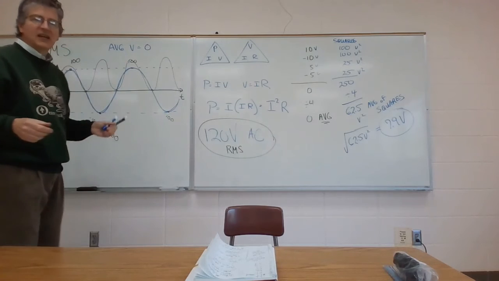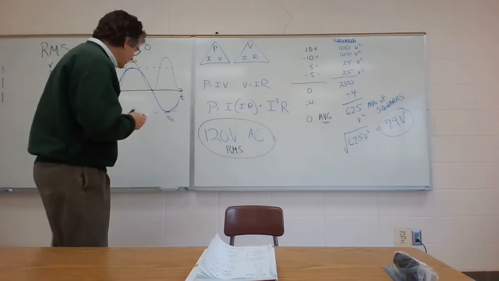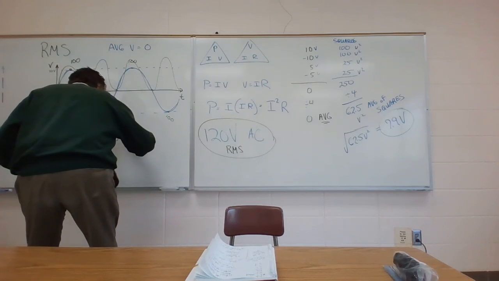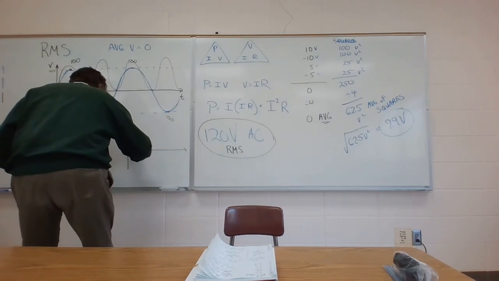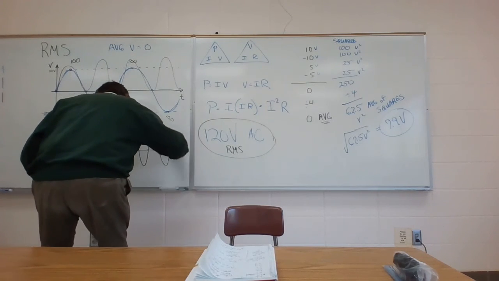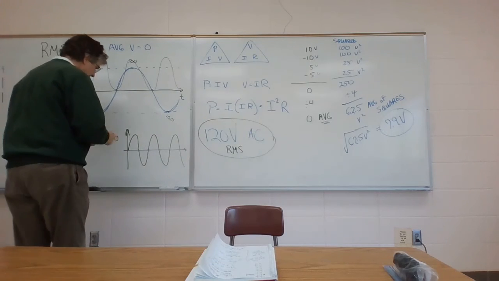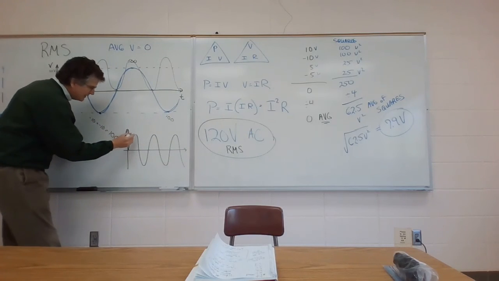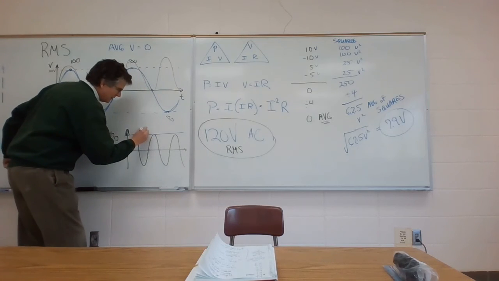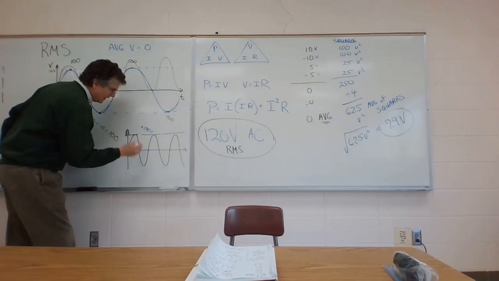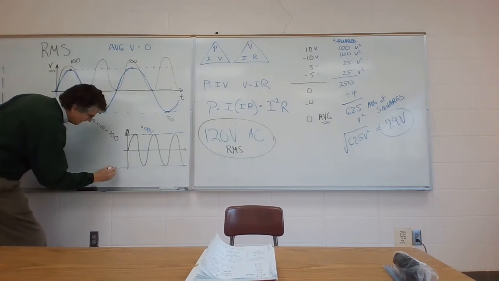In fact, if I were to make a graph of the actual output of the power from a wall, like this, I would find that it peaks at about 170 volts. It goes between positive 170 volts and negative 170 volts.